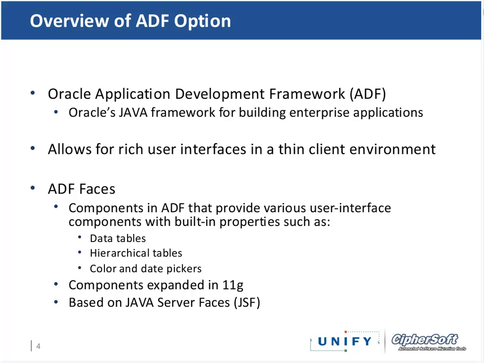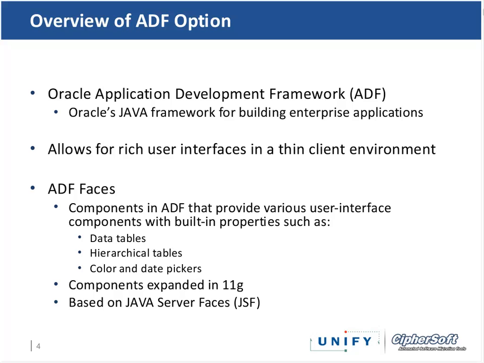I listed a few examples on the slide here of some of these components and the built-in properties. But one thing that's important to note is that the number of these user interface components was significantly expanded in ADF 11G. It went from approximately 100 components in ADF 10G to 150 in ADF 11G.